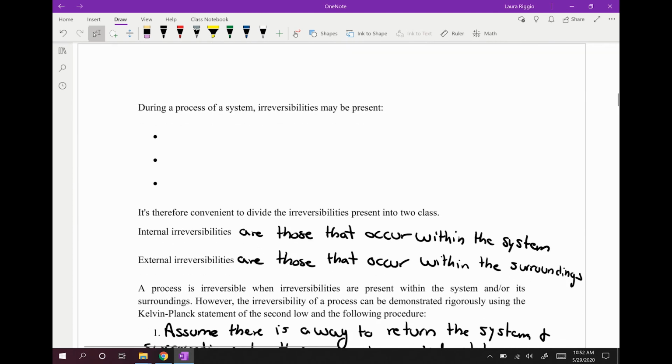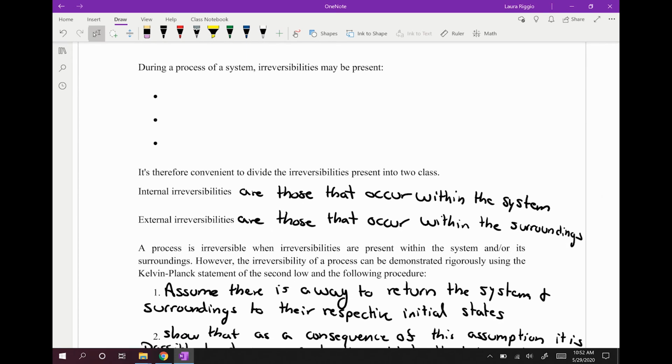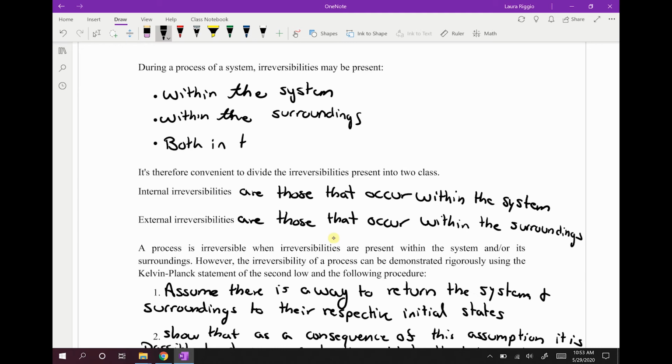During a process, if irreversibilities are present, they can occur within the system, they can occur within the surroundings, or they can occur both in the system and its surroundings.